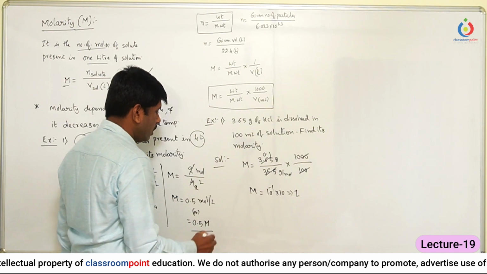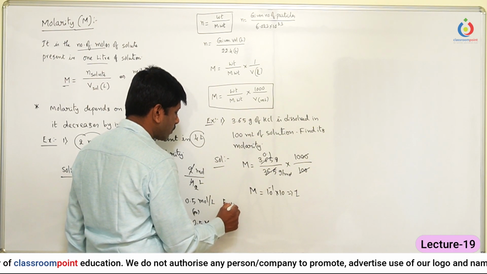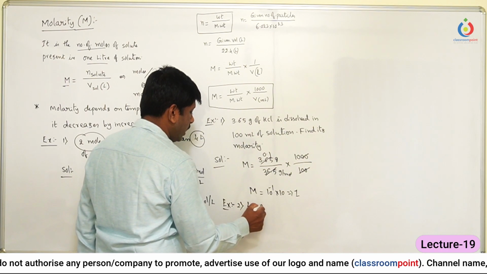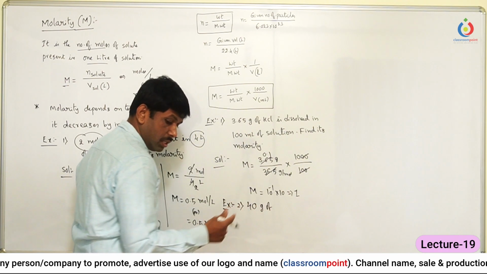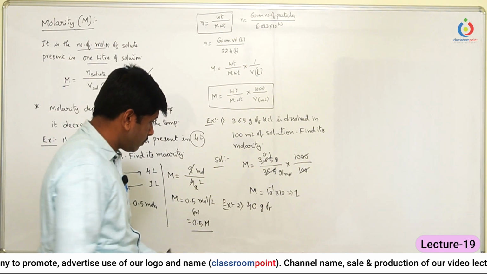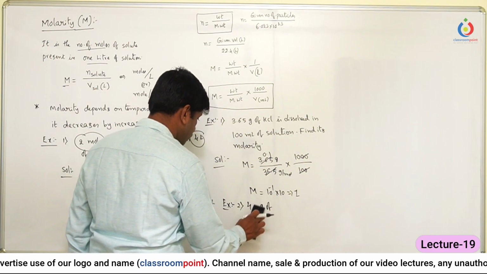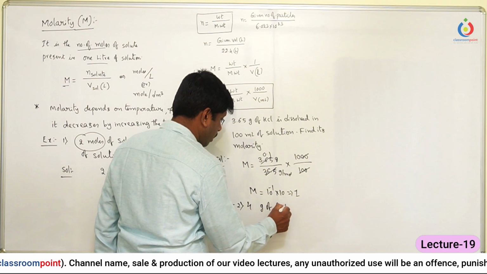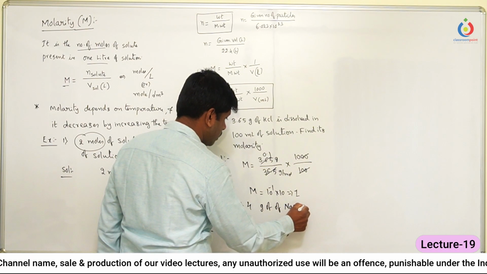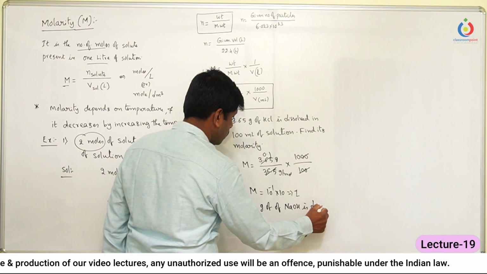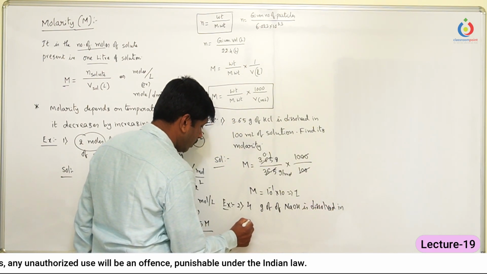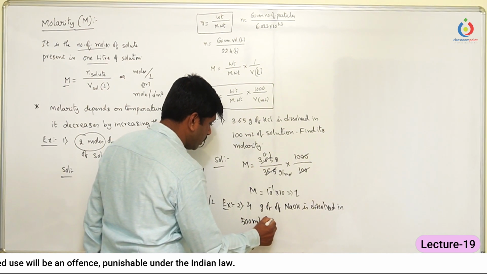Let us take one more example. 40 grams, or else let us take 4 grams of NaOH is dissolved in 500 ml of solution.